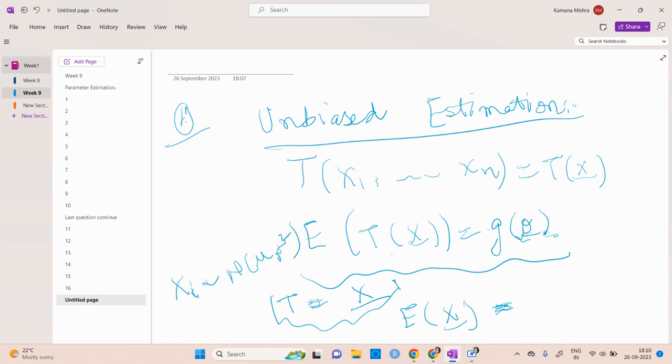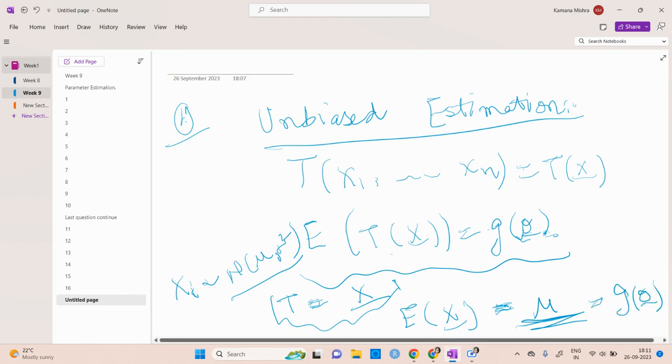So x1, x2 up to xn all follow this normal random variable. For everyone the mean is mu. So the summation divided by n also has mean mu, so this is equal to mu. This g(theta) is the parameter, so this is g(theta) here.